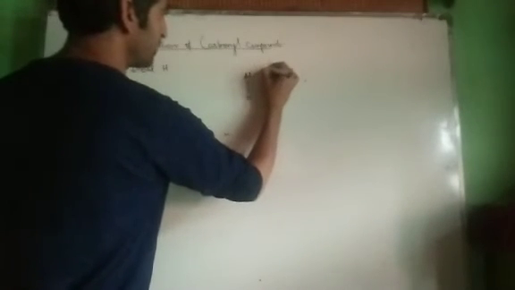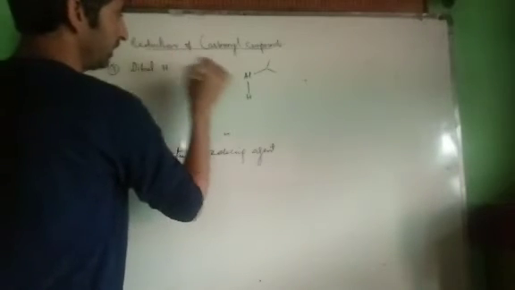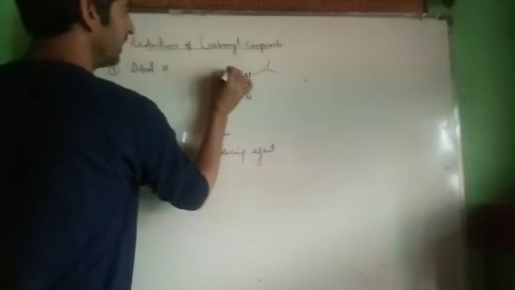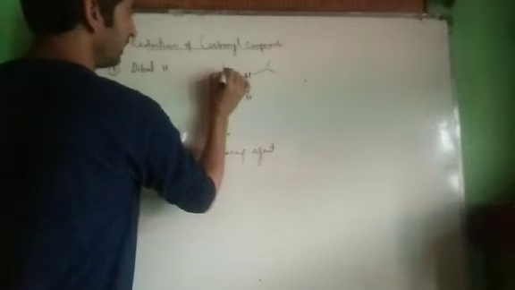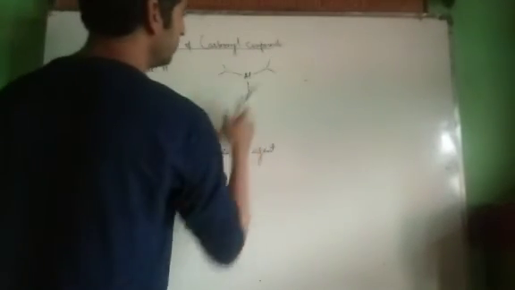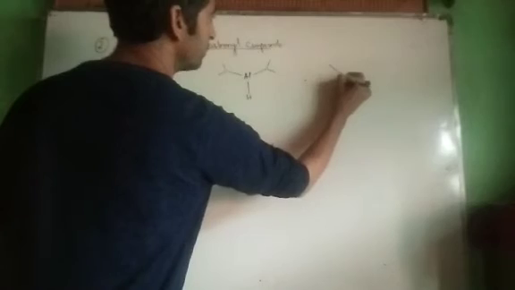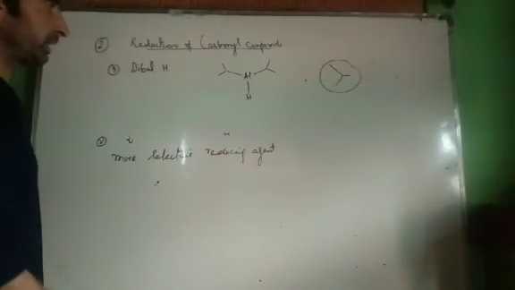Now here it comes, it has to play its role. This is diisopropyl aluminum hydride. 1, 2, 3, 1, 2, 3. This group is the isopropyl group.